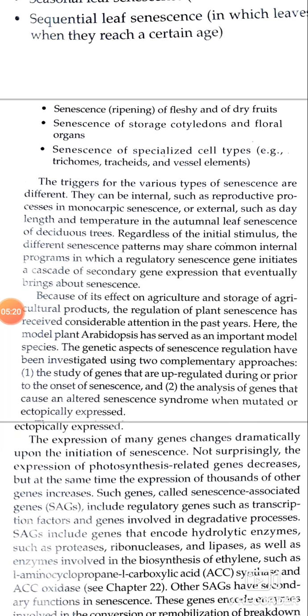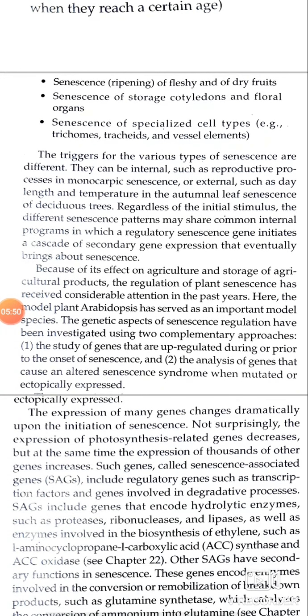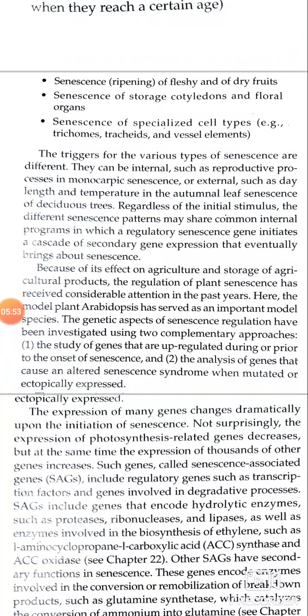Such genes, called senescence-associated genes, include regulatory genes such as transcription factors and genes involved in degradative processes. SAGs include genes that encode hydrolytic enzymes such as protease, ribonuclease, and lipase, as well as enzymes involved in the biosynthesis of ethylene, such as 1-aminocyclopropane-1-carboxylic acid synthase and ACC oxidase.